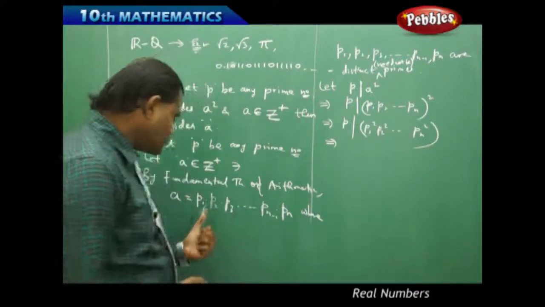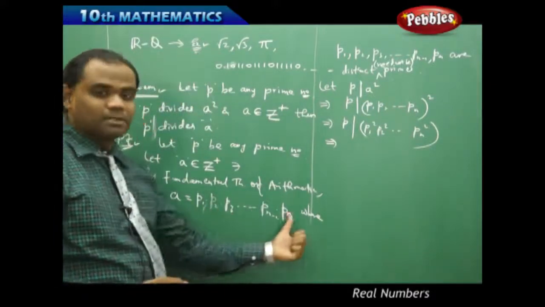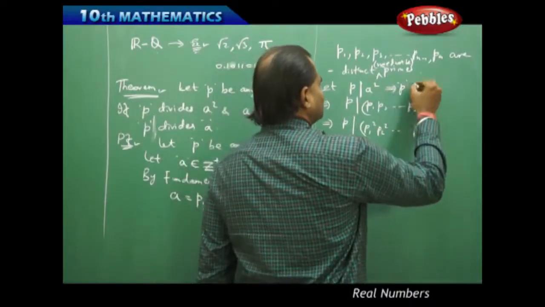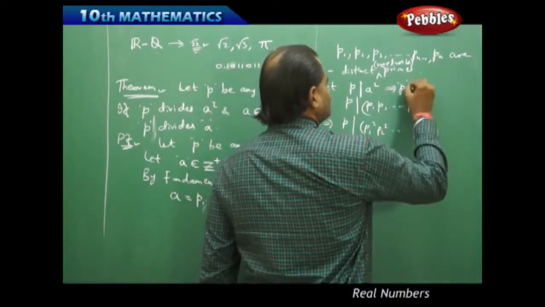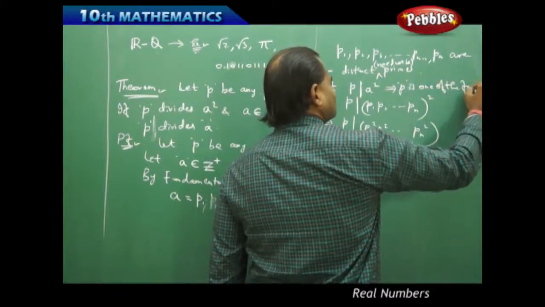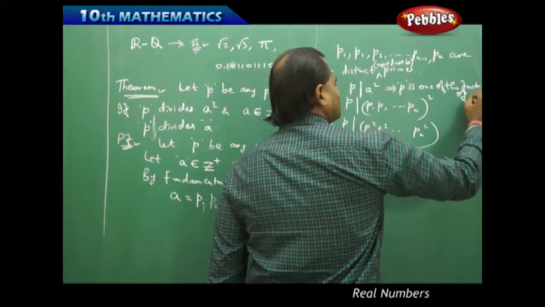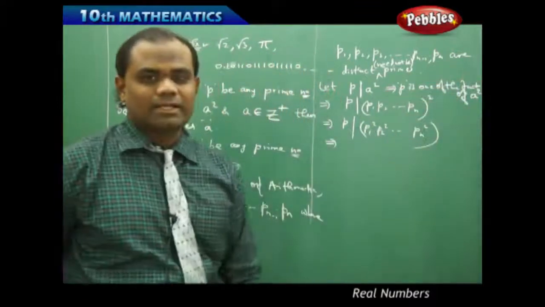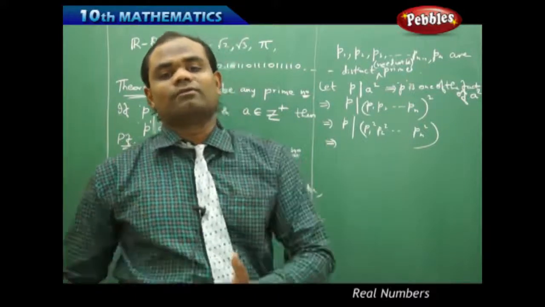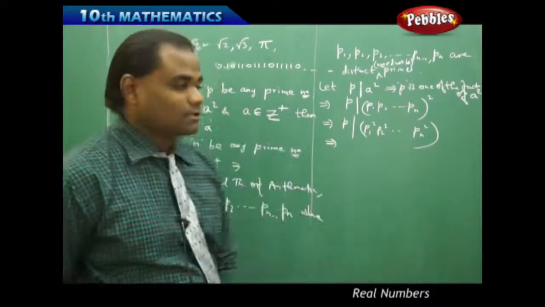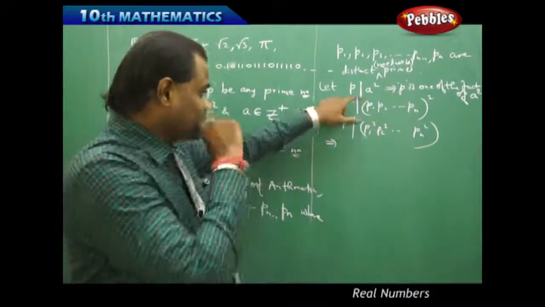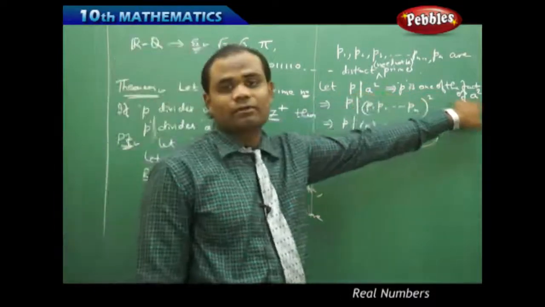So I have considered the case where p divides a square. Now, because a square is p1 times p2 times p3 till pn, that implies that p is one of the factors of a square. When I say a number divides another number, that number is one of the factors of the given number. If I say a divides b, a is one of the factors of b. Therefore, p divides a square implies p is one of the factors of a square.